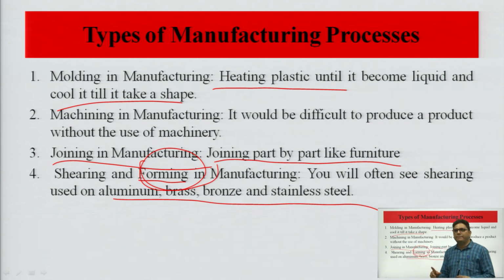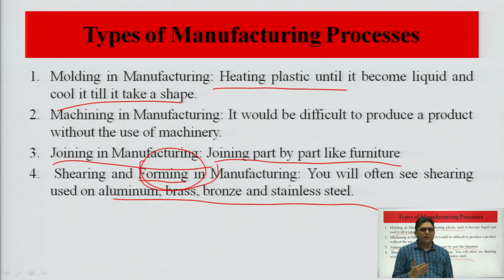I repeat them. It is molding. You take a material, heat it until it becomes liquid, and then put it into a shape, and then your product has been made. Machining in manufacturing: while we are in the process of manufacturing, we use many machineries so that it takes a certain shape, and it is difficult without the use of machinery.